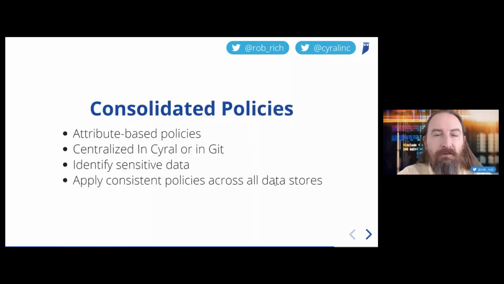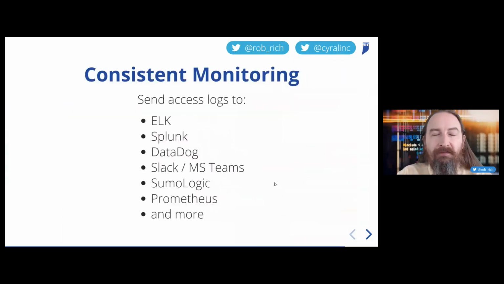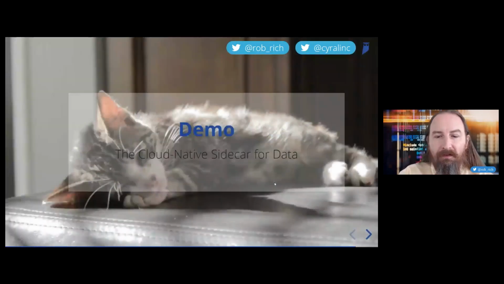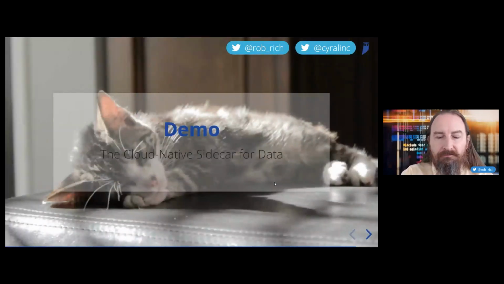This talk is focused less on policies, but if you'd like to learn more about consolidating your access policies and blocking unwanted requests, hit us up at info@cyral.com, and let's show you more about the policies. And then ultimately, we can pass this log to Elk or Splunk, Datadog, Sumo Logic, and others. Today, we're going to use Splunk. So let's dig in and take a look at this.